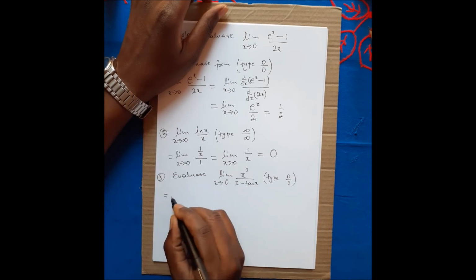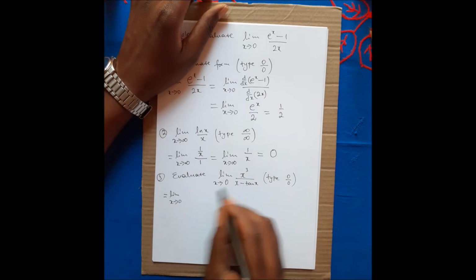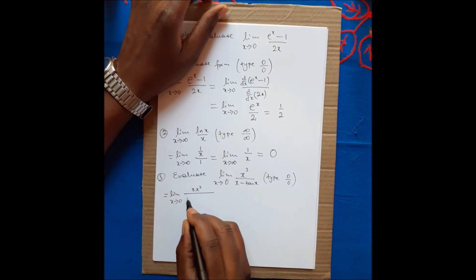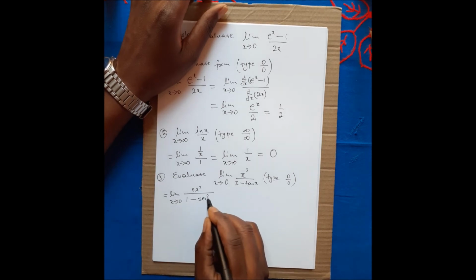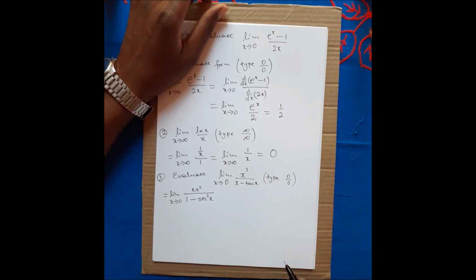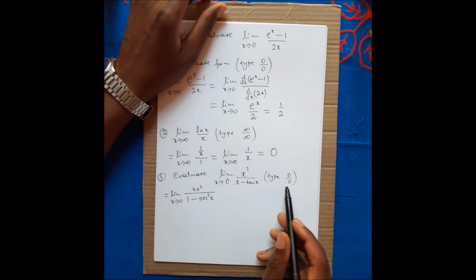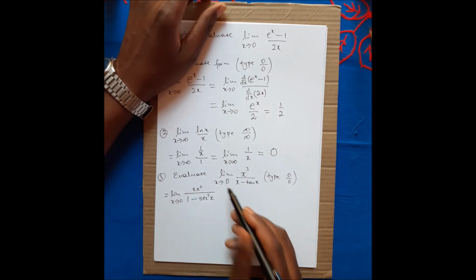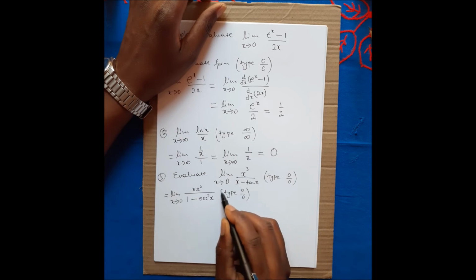and this is going to give us the limit as x is approaching 0. We differentiate the numerator, get 3x squared. Differentiate the denominator, get 1 minus sec squared x. When we do the substitution again, this is 0, this is 1 minus 1 is 0, so we get type 0 over 0.